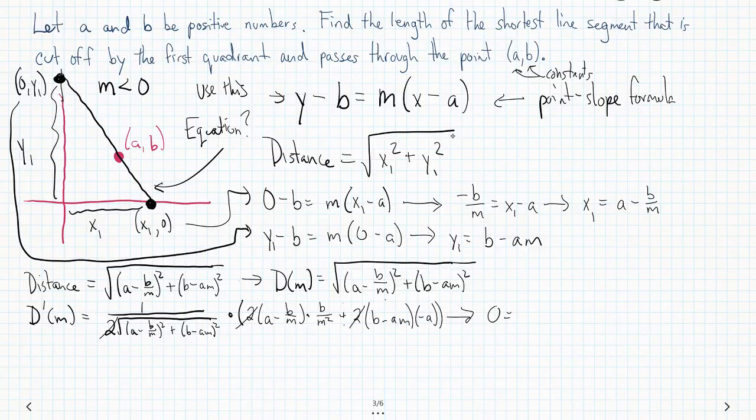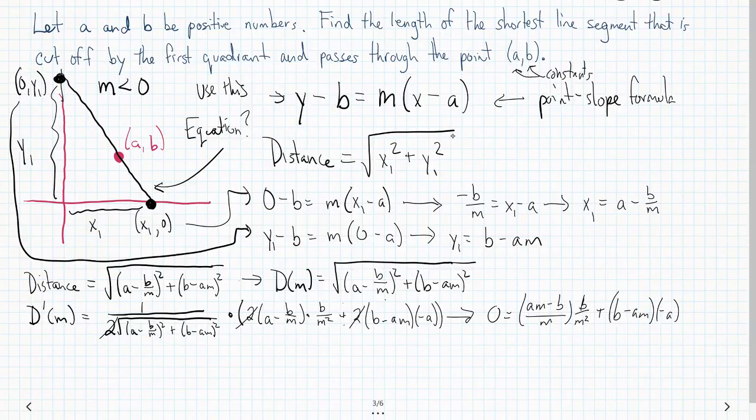So 0 equals, I'll rewrite this and kind of do a Texas two-step here. So I get am minus b over m times b over m squared, plus, and then we have b minus am times negative a. Okay, and so we can rewrite this am minus b, you could write this as b minus am, but then we'd have to multiply it by negative 1 is another way to write it.